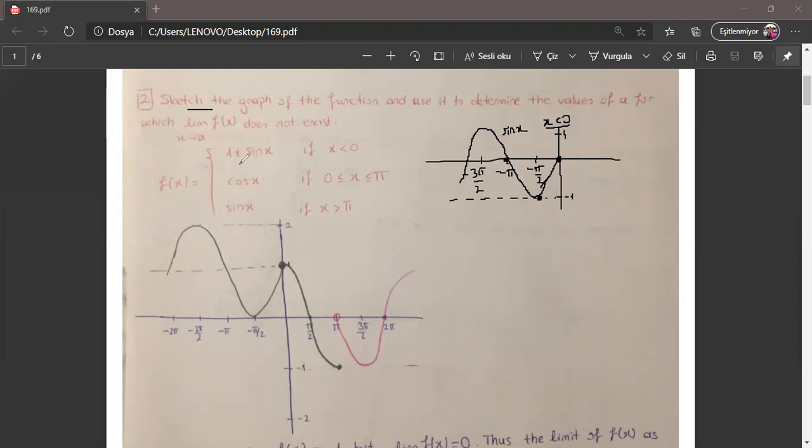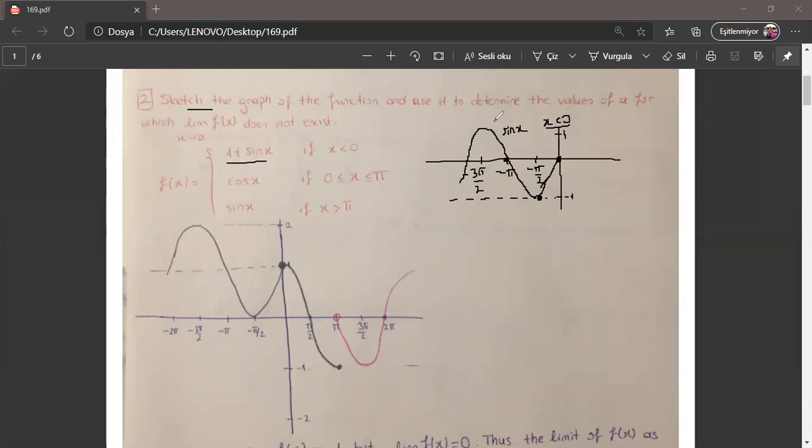What about 1 plus sinus x? We just shift the graph of the function upward by 1, so we obtain this graph. You should already know the graphs of these other ones, so I don't explain them again.